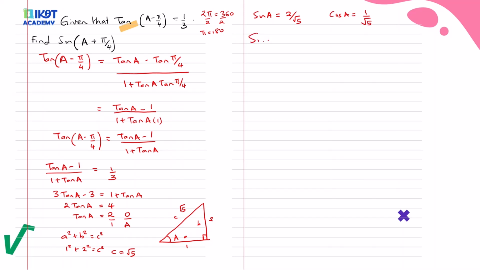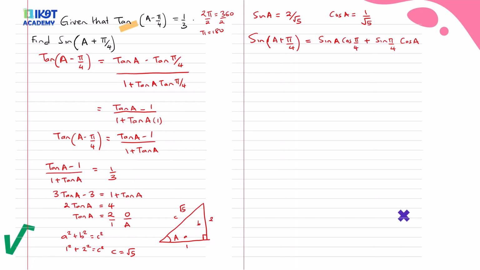Here we have sine of A plus pi out of 4. So we use our compound angle formula for addition of two angles in a sine. So here we have sine A cos pi out of 4 plus sine pi out of 4 cos A. Now what you should know is that cos pi out of 4 is the same as the cos of 45 degrees.